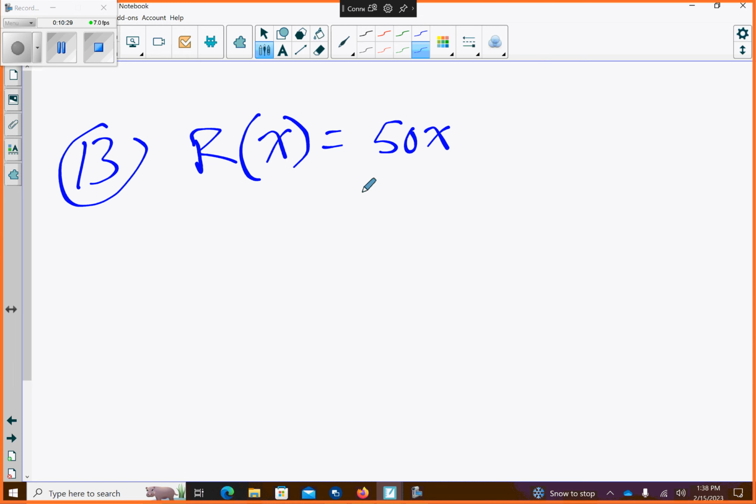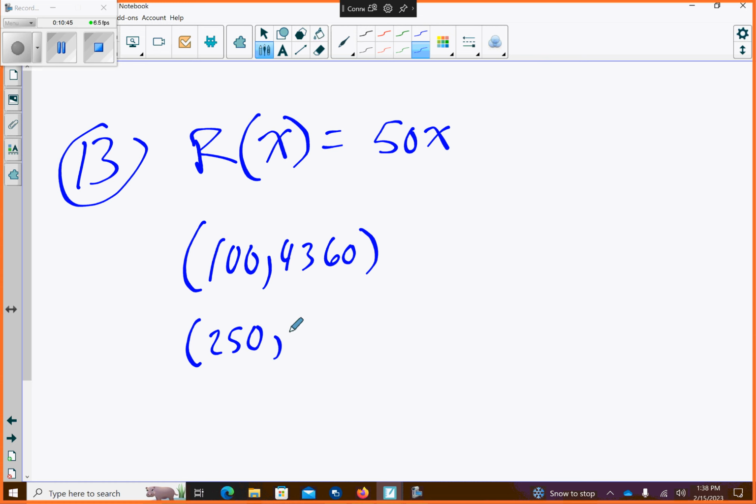The total cost for 100 sweatshirts is $4360, whereas the total cost for 250 sweatshirts is $7060. So I would use Desmos as a table for both of these. And Desmos will solve that for us if we plug it into the table. And then the break-even point would be at x equals 80.